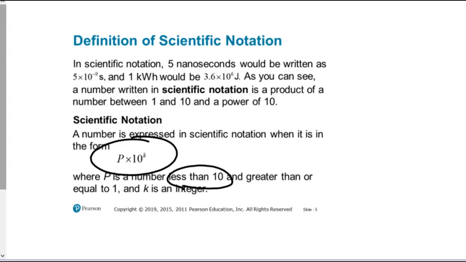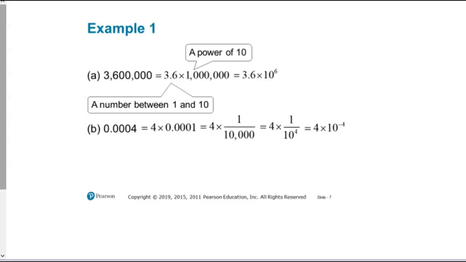And k up here is an integer, or basically a positive or negative number. So remember that. It's going to be some number of 1 or more and less than 10, times 10 to a power of some kind that can be positive or negative. So let's look at what these actually look like, and give you an example here.